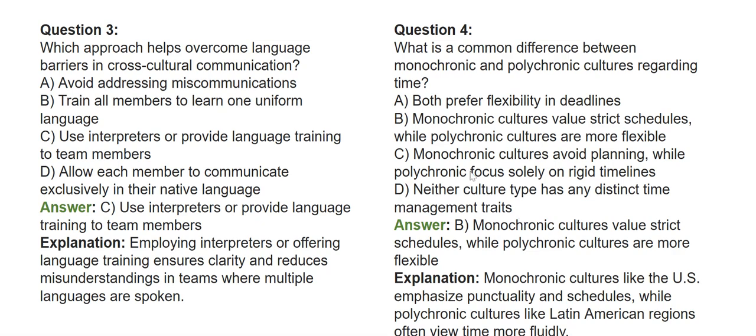So it is B. C is the exact opposite of B, but B is the correct answer, as monochronic cultures value strict schedules, no flexibility, while polychronic cultures are more flexible regarding timing. Monochronic cultures like the US emphasize punctuality and schedules, while polychronic cultures like Latin American regions often view time more fluidly, meaning more flexibility in timing.